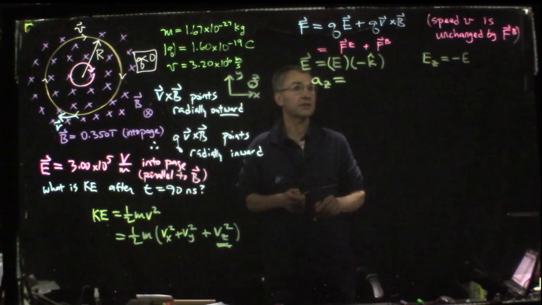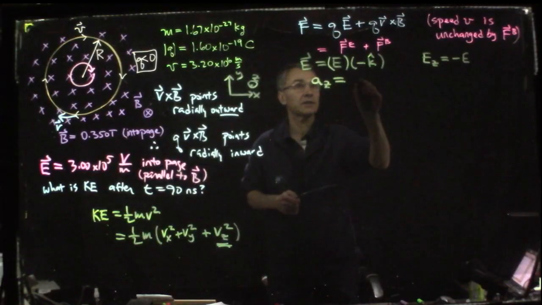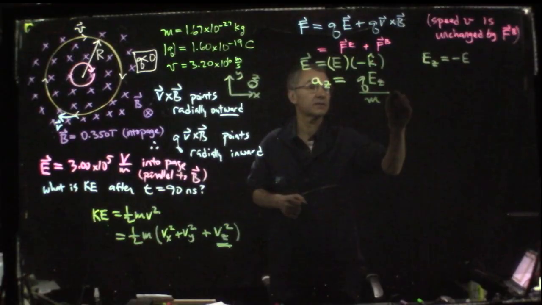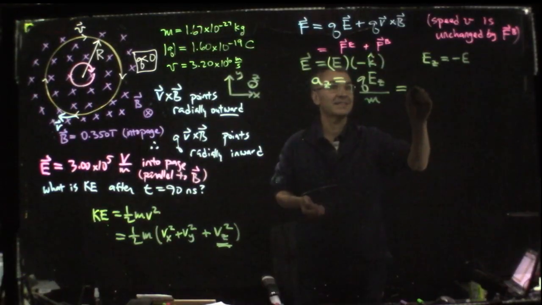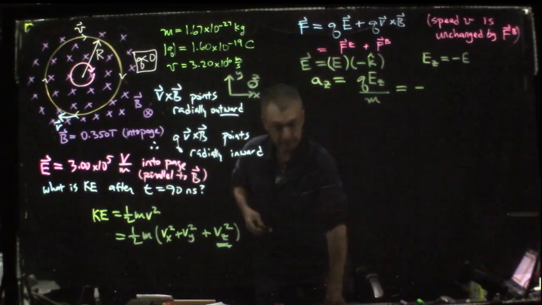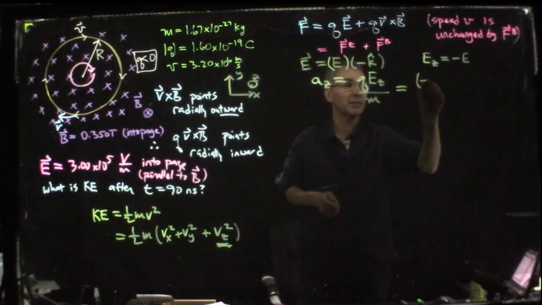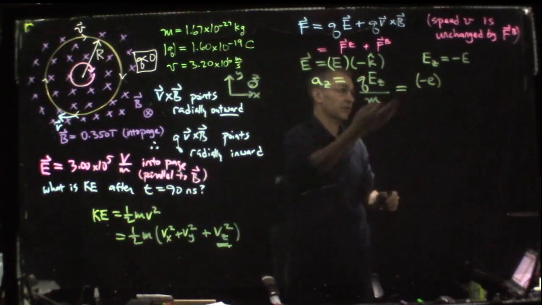So acceleration in the z direction is going to be q times the z component of the electric field divided by the mass. Q is just minus the proton charge.